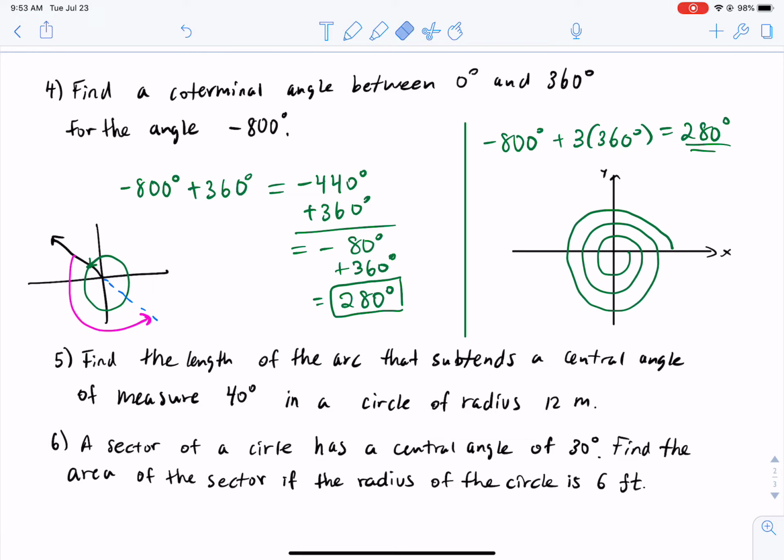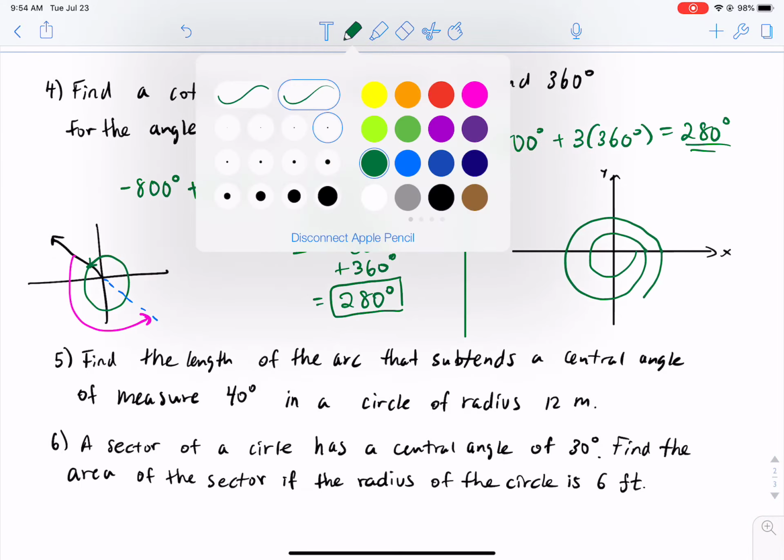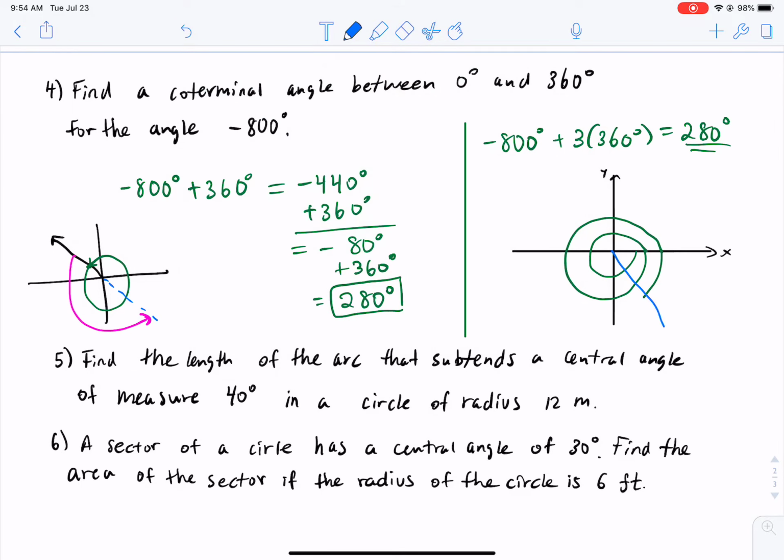I think it's too much, right? So negative 80. So you went once, you went twice, and then negative 80. So that's just going to put you somewhere over here, right? Somewhere over here.